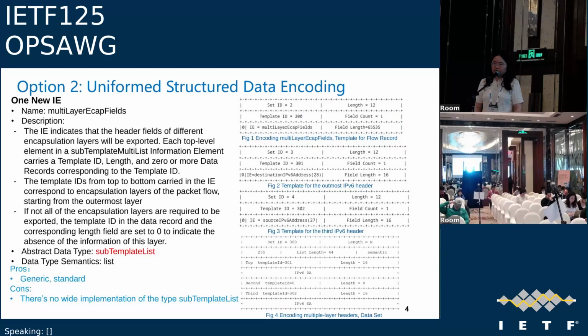It uses a uniform structured data encoding. This information element uses the abstract data type subTemplateMultiList. This information element indicates that the header fields of different encapsulation layers will be exported, and each top level element in a subTemplateMultiList information element carries a template ID and length and zero or more data records corresponding to the template ID.